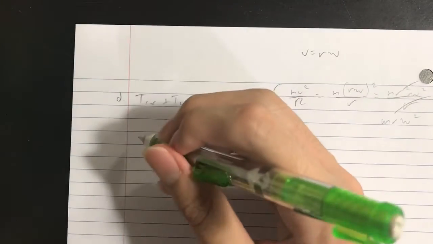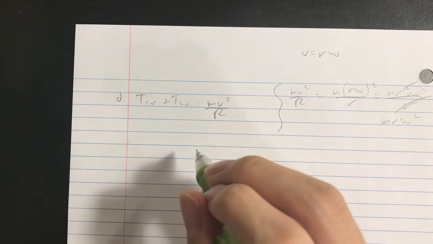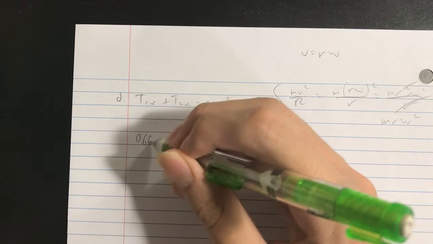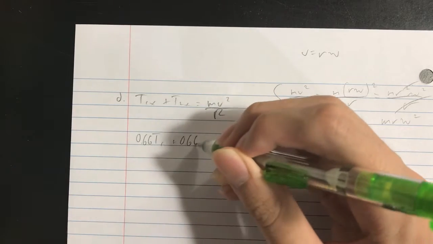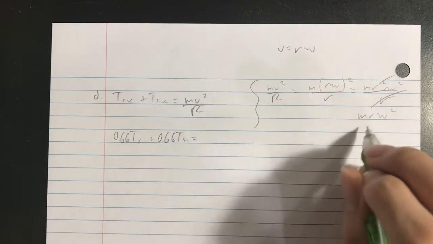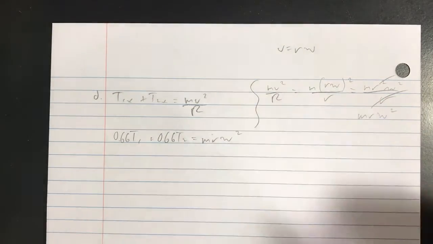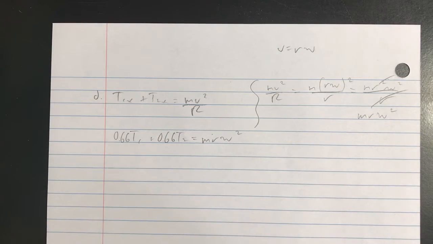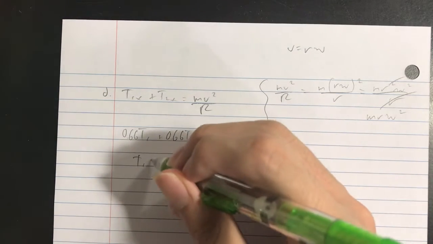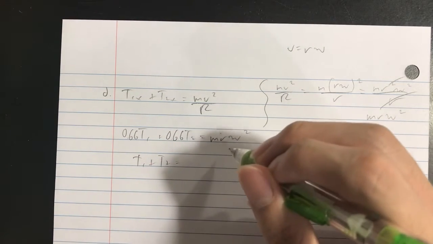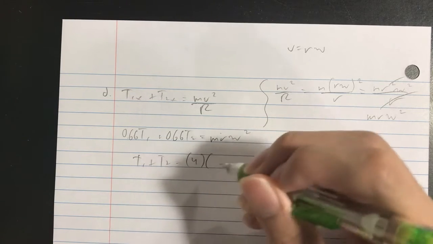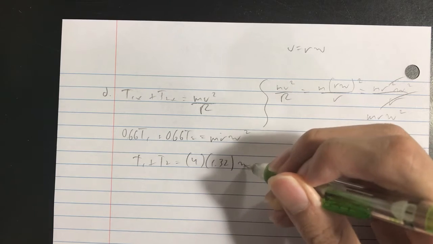Okay. Well, T1x and T2x, as we found out, are 0.66 T1 plus 0.66 T2 equals our new mr omega squared. Okay. So next we'll divide 0.66 on both sides. Okay, we'll plug this in. M is 4, R is 1.32, and omega we're trying to find.